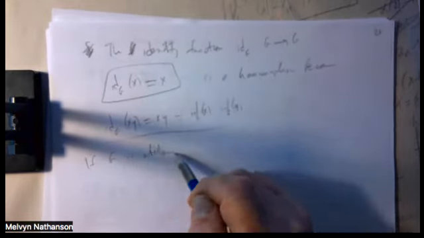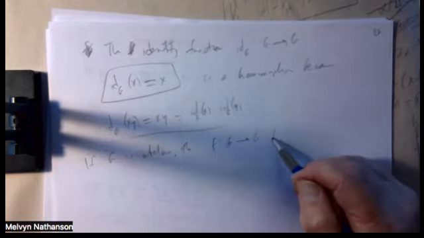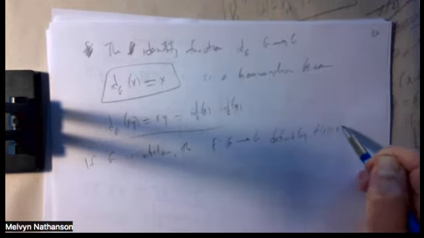If G is abelian, then the squaring function from G to itself, defined by f of x equals x squared, is a homomorphism. Why is that? Because f of xy is xy squared. That means xy times xy.